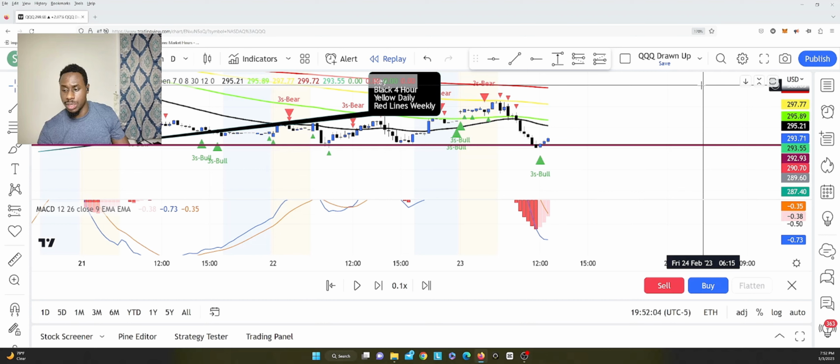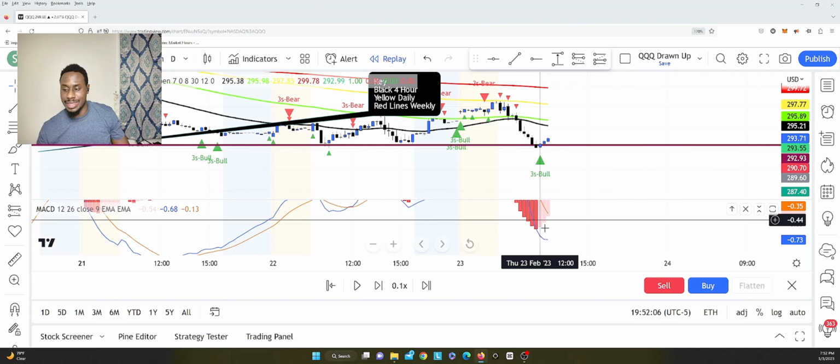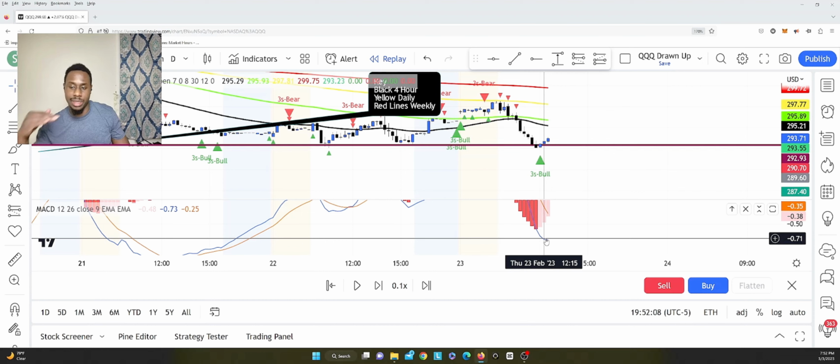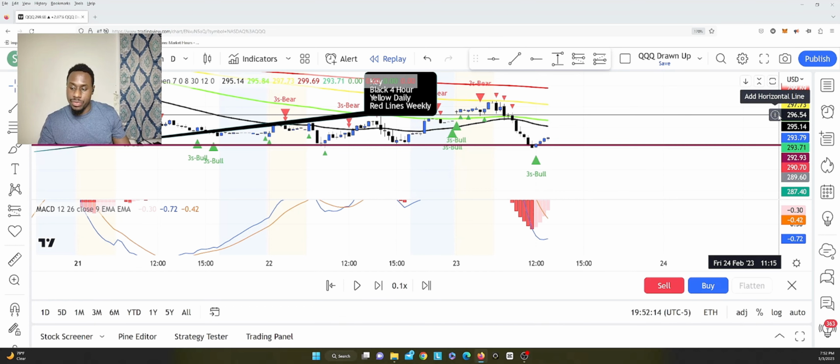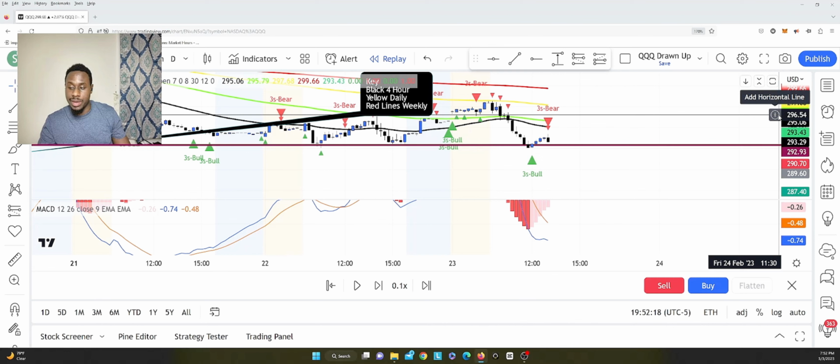Okay. So we can see the MACD curving out there, and this is every 15 minutes, so you have some time to think about it. So you have a three line strike bear print there.